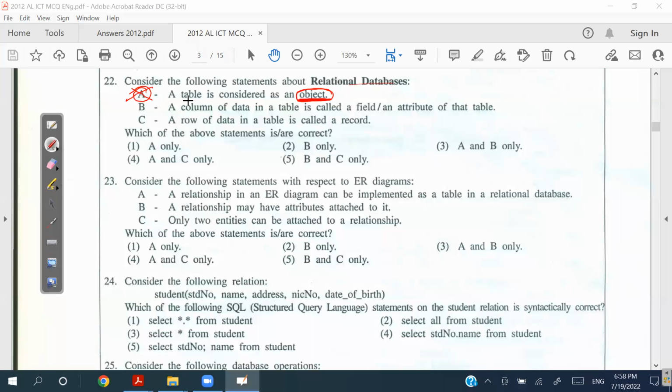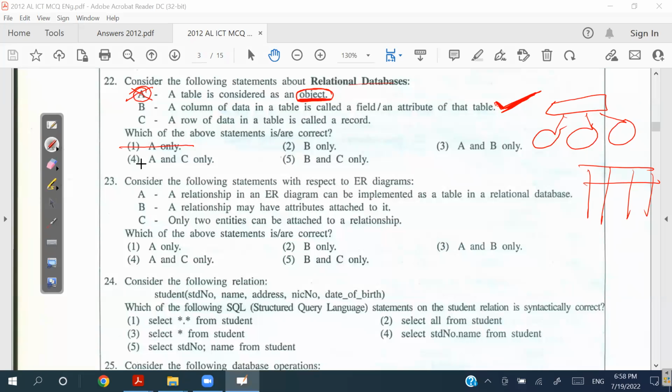In B, a column of data in a table is called a field or an attribute of the table. Yeah, that is correct. From the schema, we know the entity's attributes are going to be the columns of the table, right? So that is correct, and A should not be in your answer.